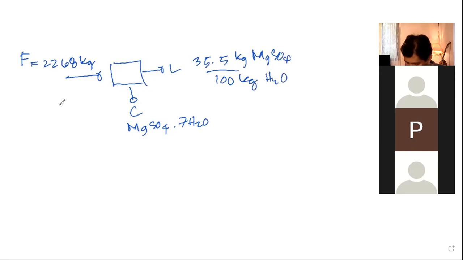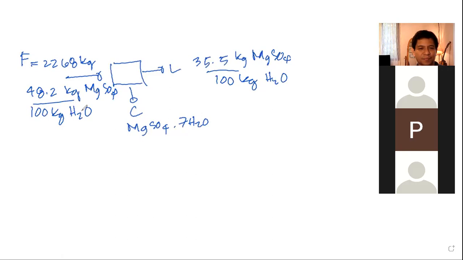Tapos dun sa feed, ang kanyang concentration ay 48.2 kilogram magnesium sulfate per 100 kilogram of water. Okay, so first you need to find C kasi required siya.